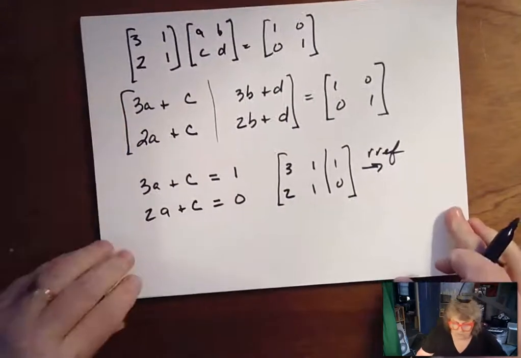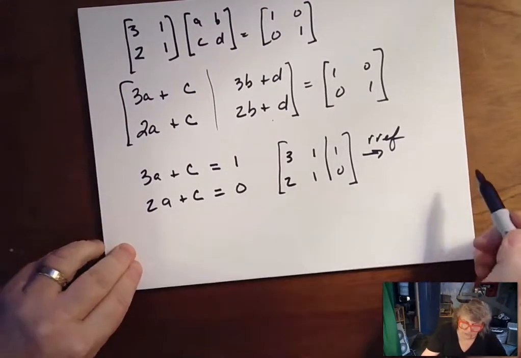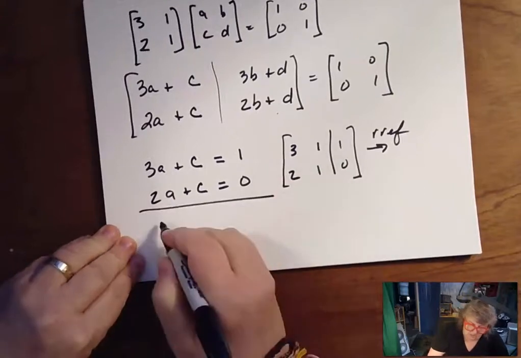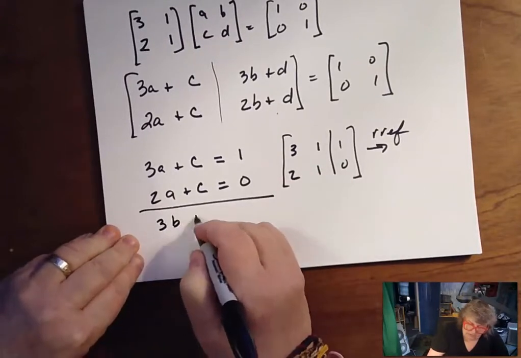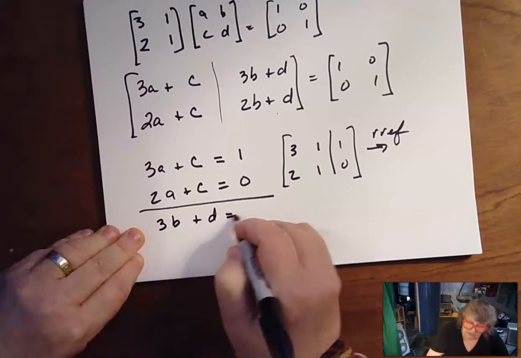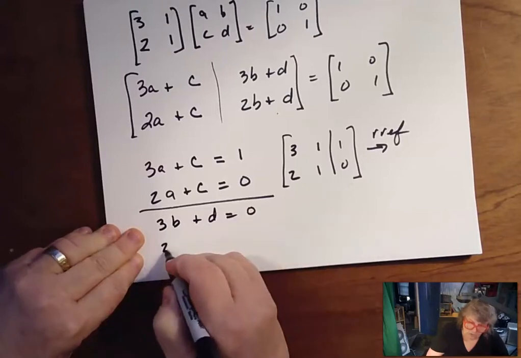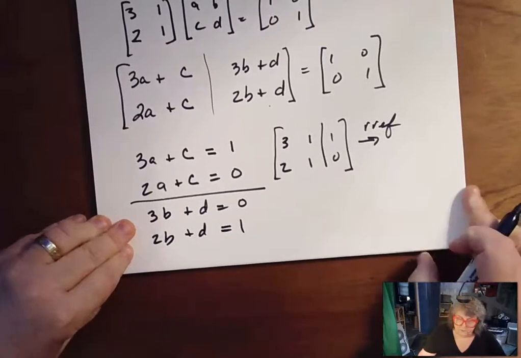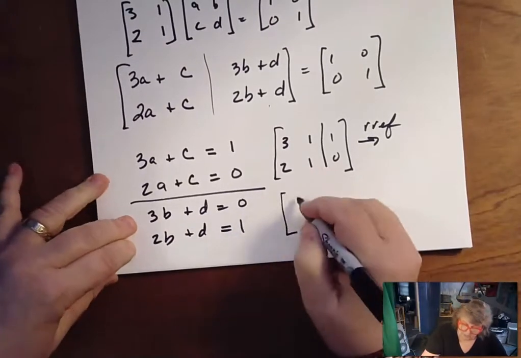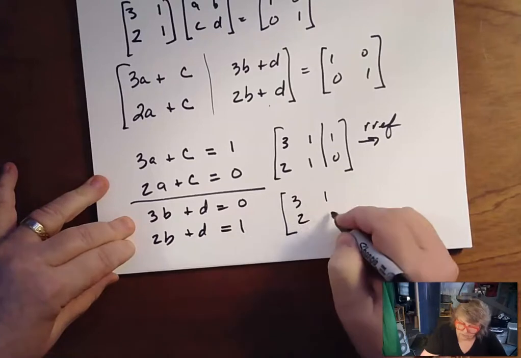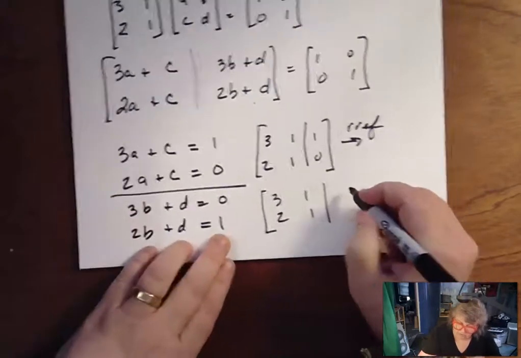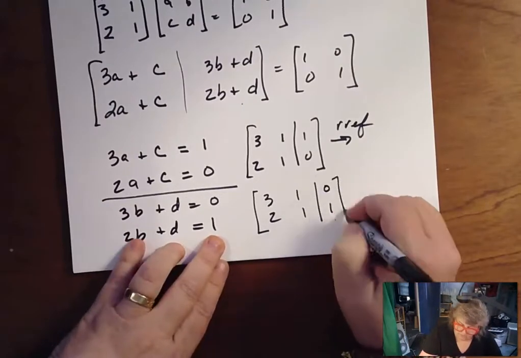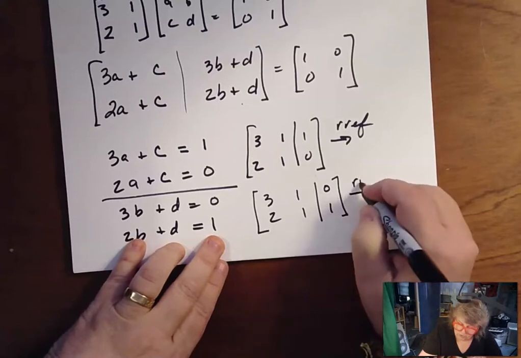But now wait, before I do that, let's look at this other set of equations. I have 3B plus D, that will equal 0, and I'll have 2B plus D, that will have to equal a 1. So if I were to set that up, I would get a 3, a 1, a 2, a 1, the augmented matrix, I get a 0 and a 1, and I would put that in row-reduced echelon form.